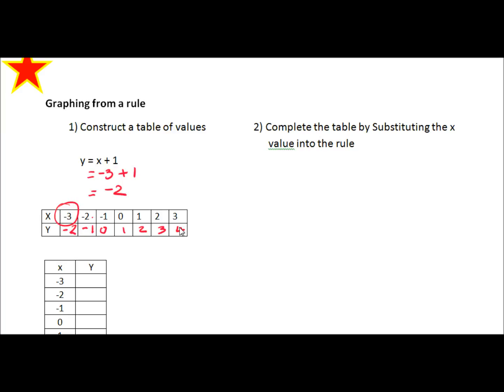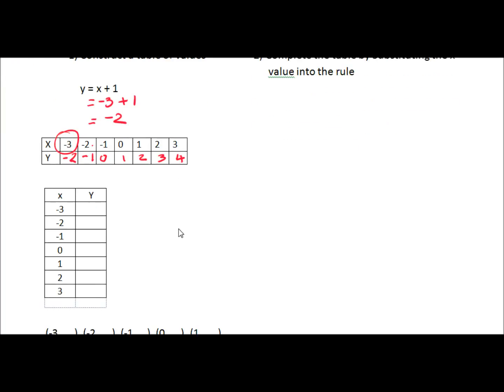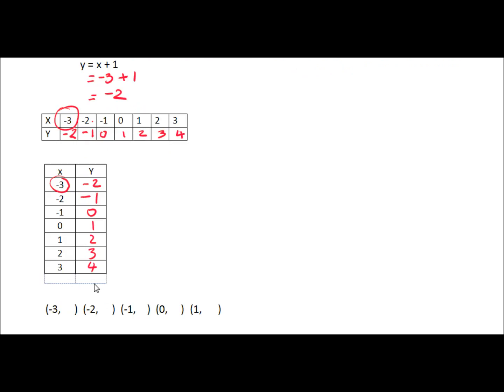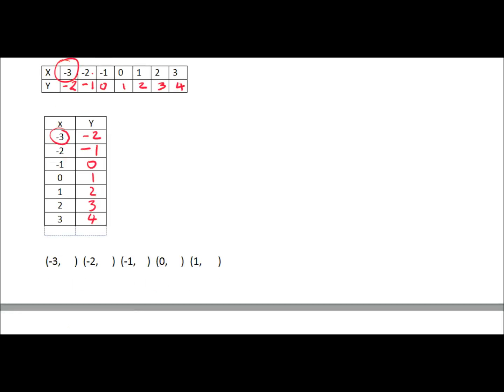If I was doing a vertical table, I'd do exactly the same thing. Take the -3 in the x column, substitute it into the rule, and I would get -2. Take -2, substitute in the rule, -1, 0, 1, 2, 3 and 4. Now sometimes we'll see these tables as a listed set of ordered pairs.